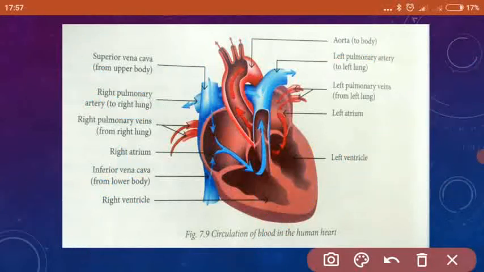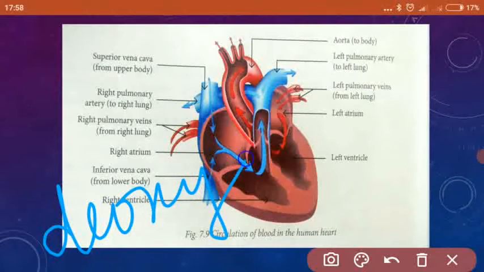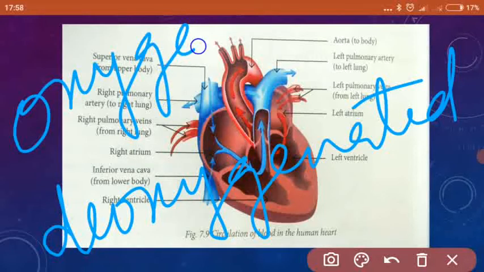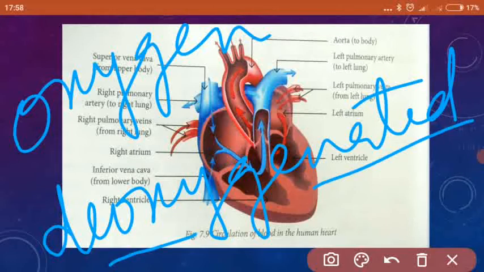This is the artery which carries deoxygenated blood. Only and only the pulmonary artery carries deoxygenated blood. Otherwise, all the arteries in the body carry oxygenated blood away from the heart. The pulmonary artery is also carrying blood away from the heart, but it is carrying deoxygenated blood.